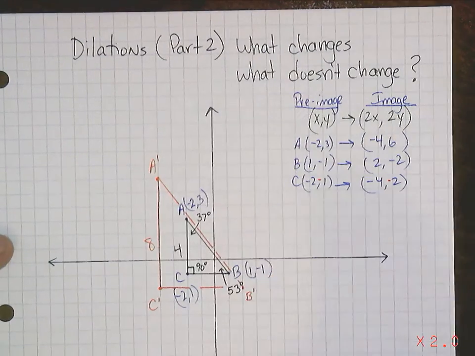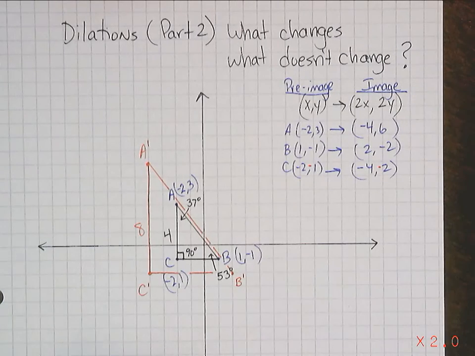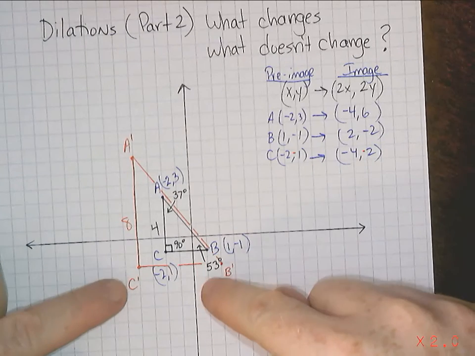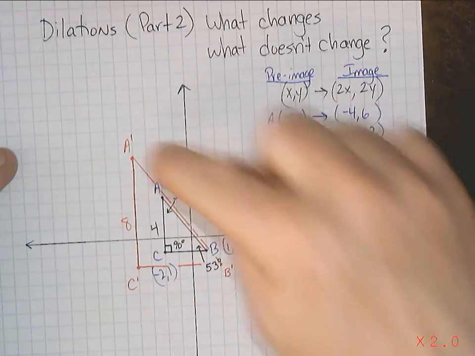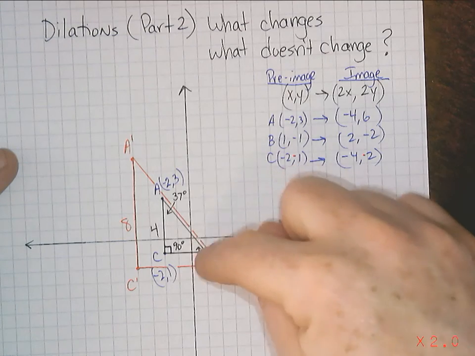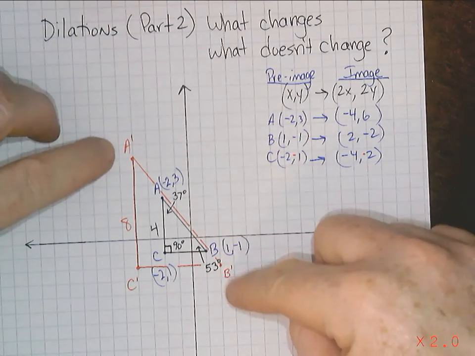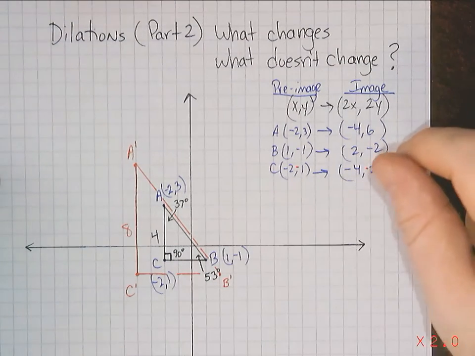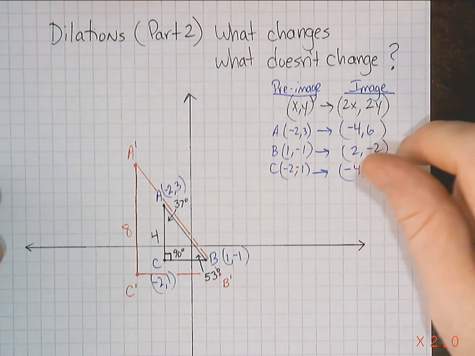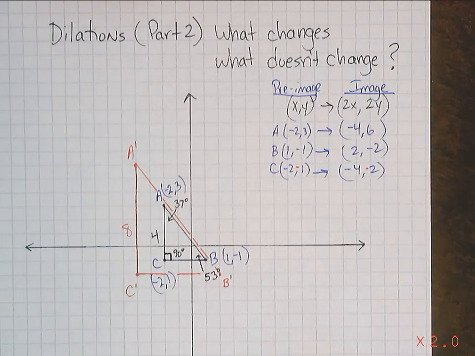I'm not going to do all the other sides, but you can tell that the sides have doubled. This 3 creates a 6. And this, believe it or not, was a 5. On the black, it's a 5. On the red, it's going to be a 10. I basically took a 3, 4, 5 triangle, a Pythagorean theorem triangle, a right triangle, and I doubled it in size.